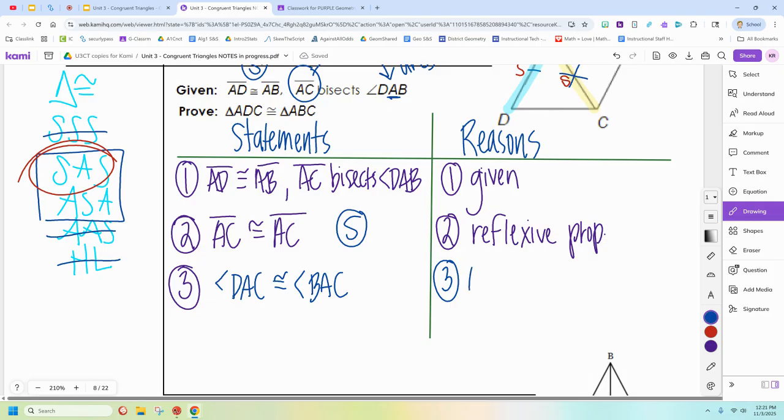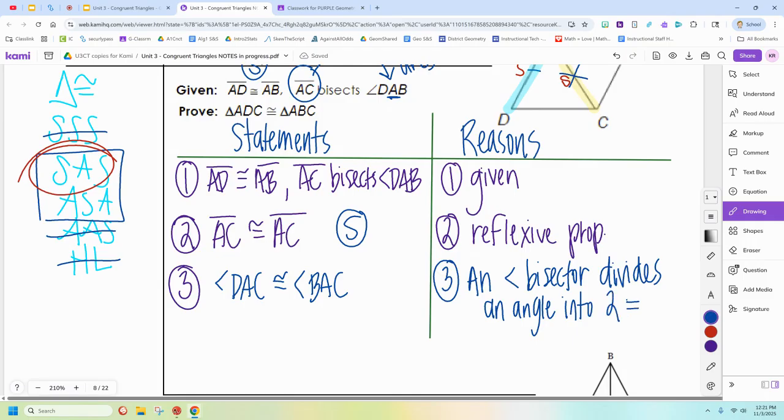So, an angle bisector divides an angle into, and this sounds familiar with the ones that we did on the front of this page, 2 congruent. Now you just have to be careful. Everything in here is about angles. So 2 congruent angles.